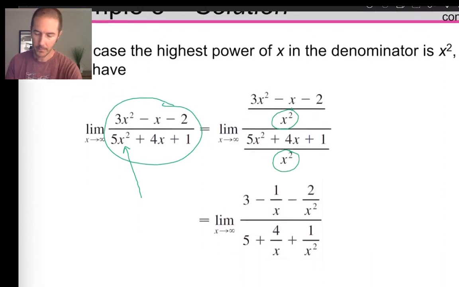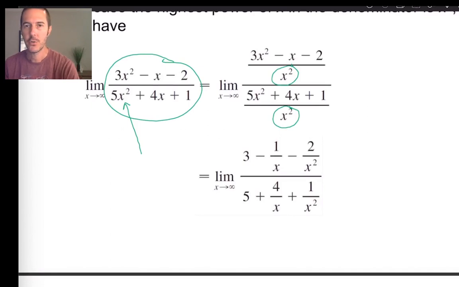And then, if we distribute our division to all 3 terms in the numerator and all 3 terms in the denominator, the 3x squared over x squared would cancel there. The x over x squared here would reduce to 1 over x. The 2 over x squared can't reduce, so we're left with 2 over x squared.